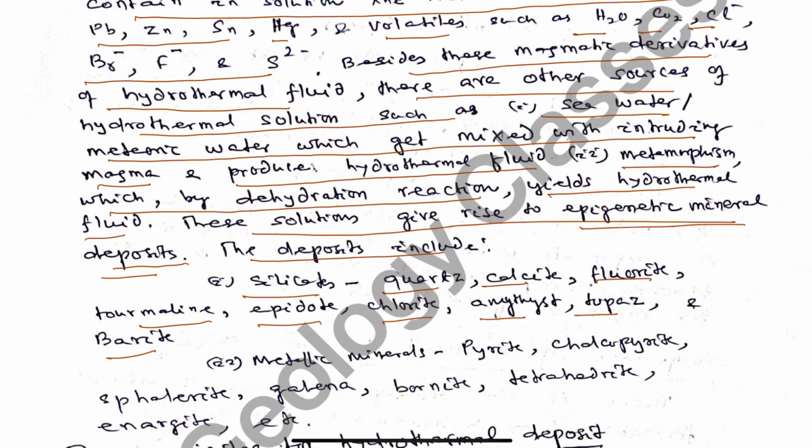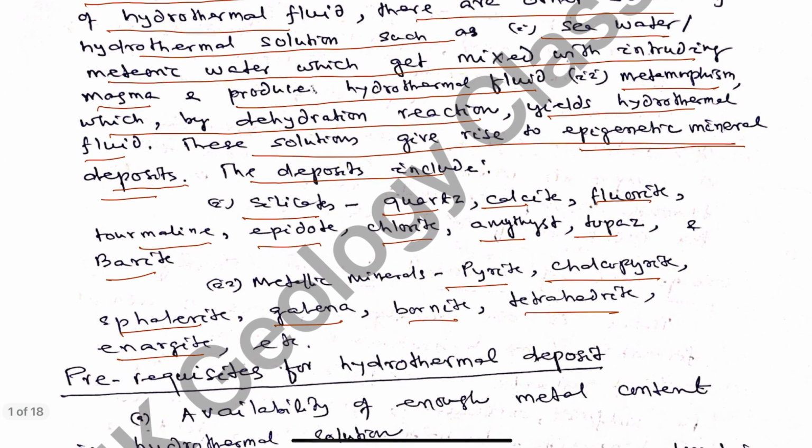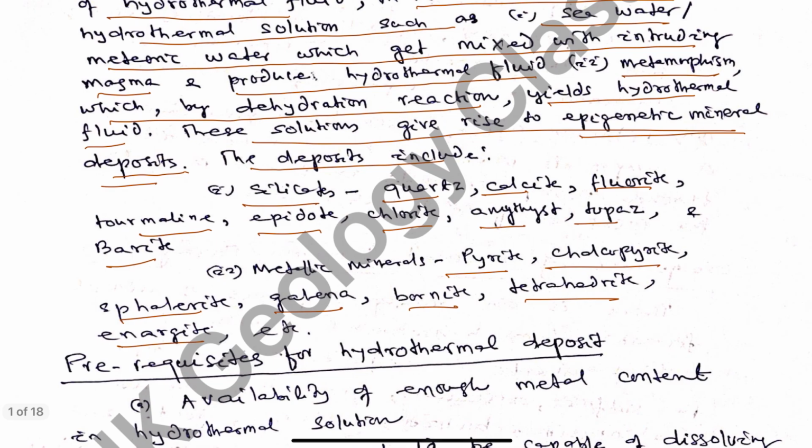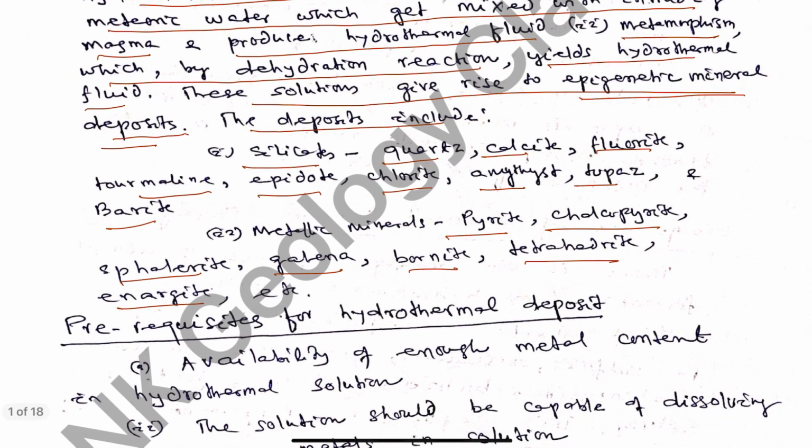Besides these, the metallic components which get concentrated from hydrothermal fluid are pyrite, chalcopyrite, sphalerite, galena, bornite, tetrahedrite, enargite. These are mostly sulfides.